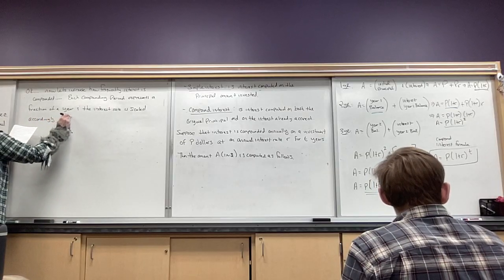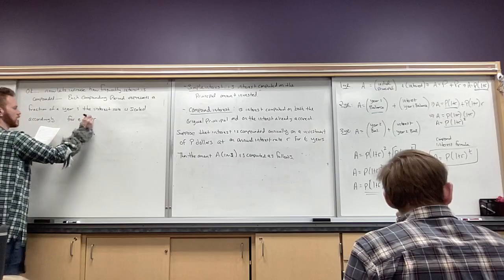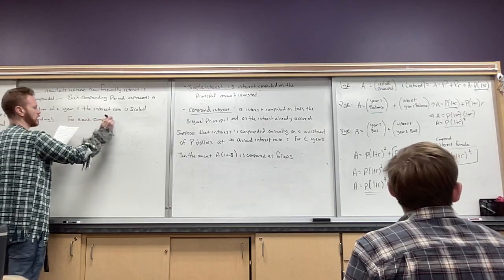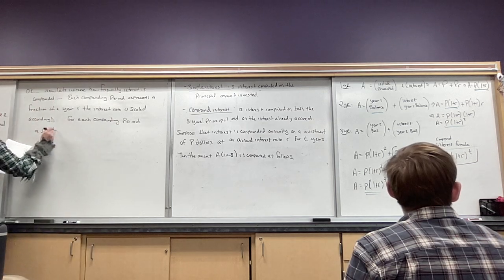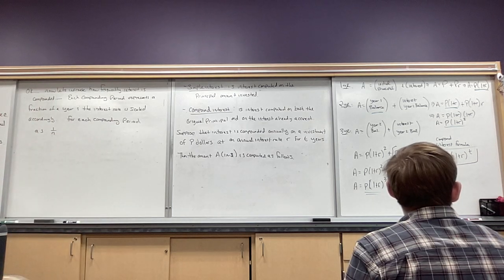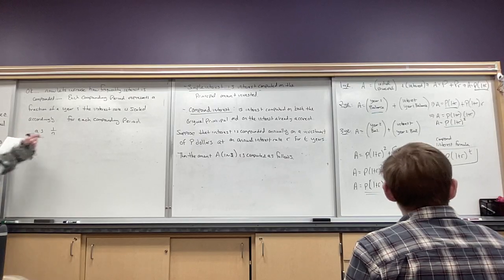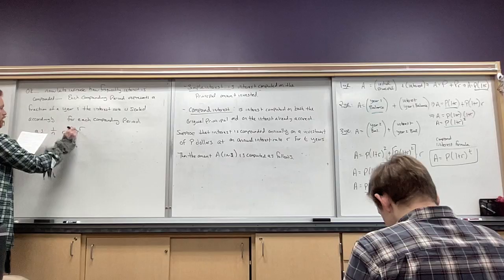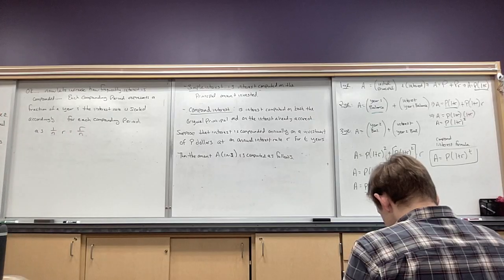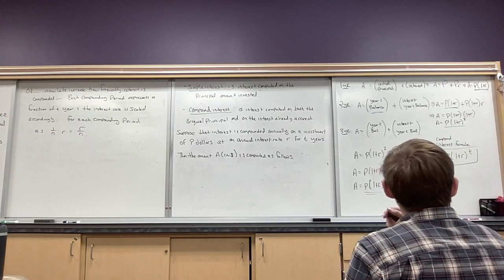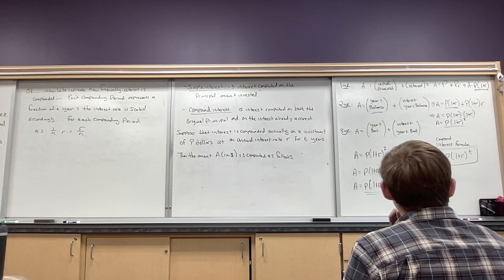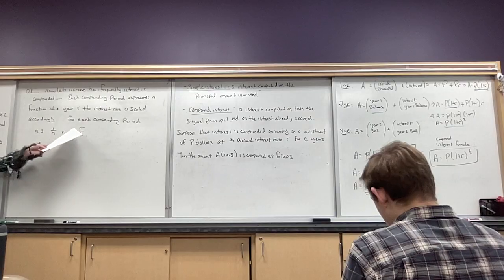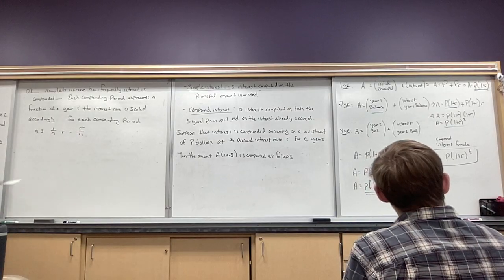So for each compounding period, we're going to say it's 1 over n. Okay, so if you're compounding 4 times a year, then it's a 4th each time. Times my interest rate is how they calculate it, so it's just r over n. Okay, so if you're doing more than just a yearly compound interest, and you're doing it like 4 times a year, 5 times, whatever, you take your interest and divide it by n, okay?